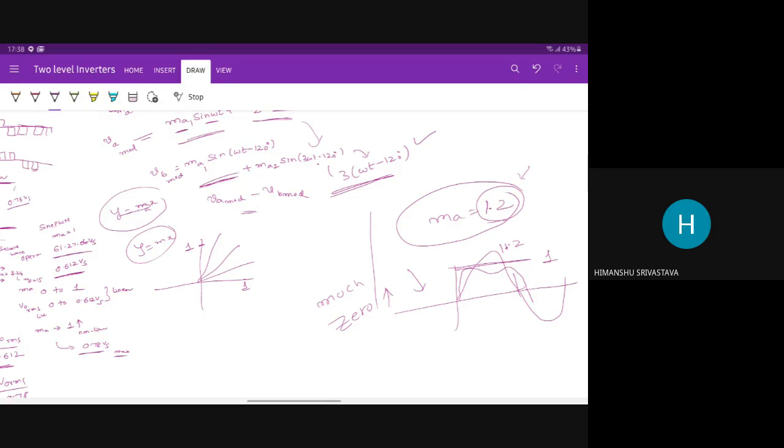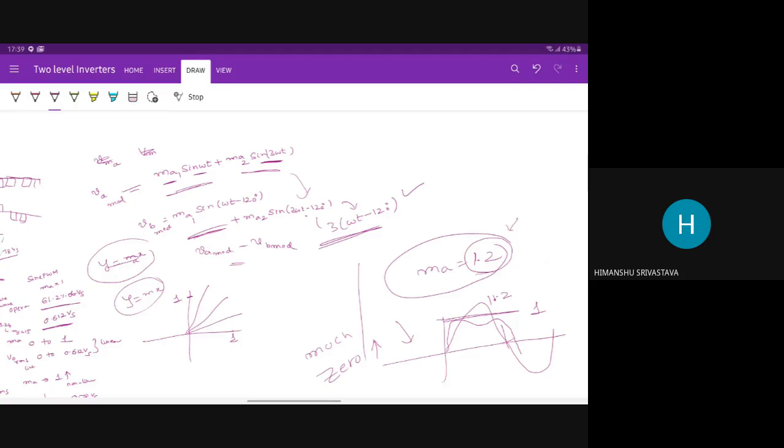You have to write some lookup table or something like that, so based on that, it will pick up the value of magnitude for the zero sequence injection.